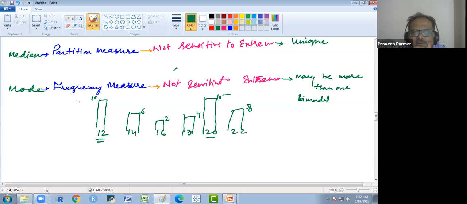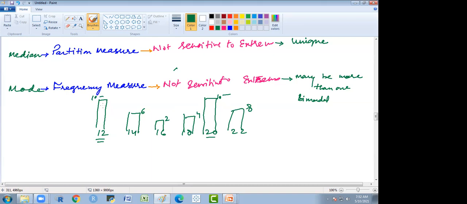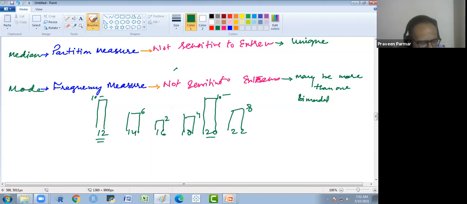This is bimodal. What is the mode? The value having the highest frequency. So 12 is a mode and 20 is a mode. Both are modes here. So the mode may be more than one, but the median will always be unique, one and only one. Does that make sense to you?